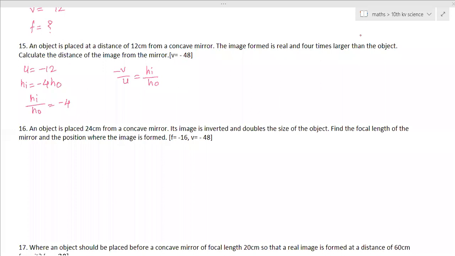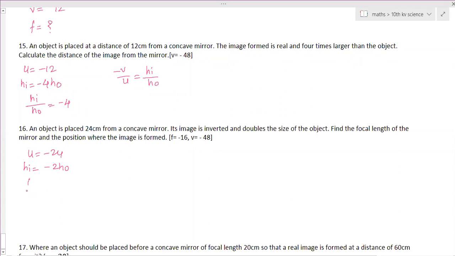Yes, I can. U is equal to minus 24, right? And HI is equal to minus 2HO. Okay, right.